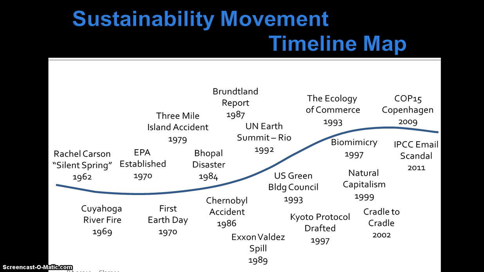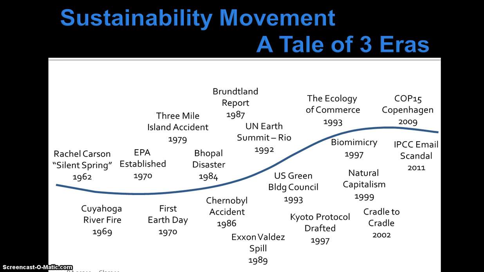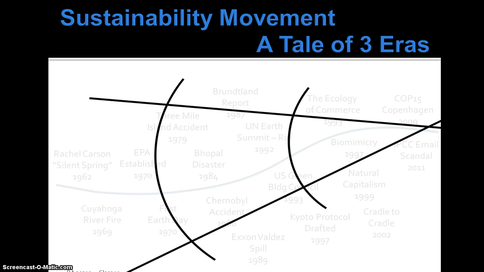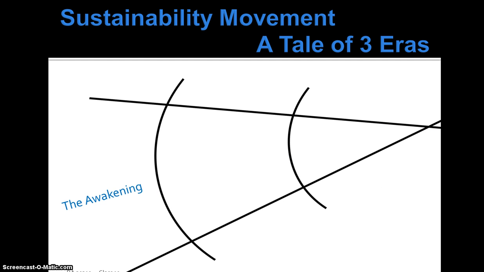So how do we use this timeline to define our eras? Well, let's bring a Janus cone into play. So here's our same timeline, and we see that if we lay the Janus cone on top of that, what we can do is recognize that we had an era of awakening. We had a subsequent era of reluctant compliance, business pushing back and trying to make the regulations and the momentum go away.